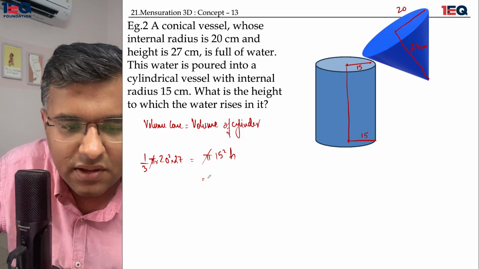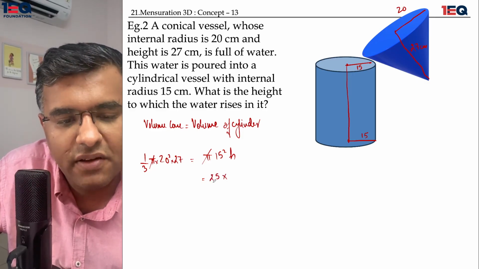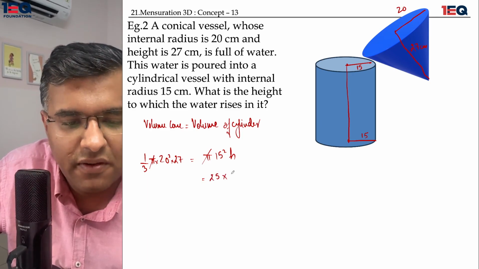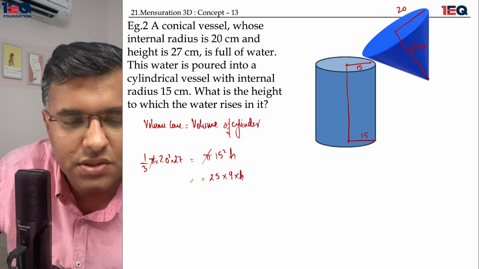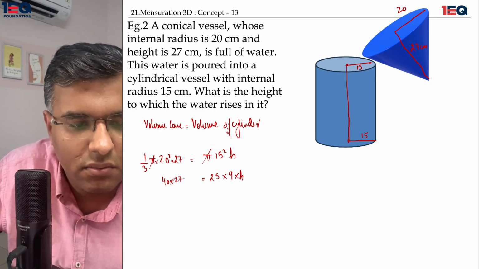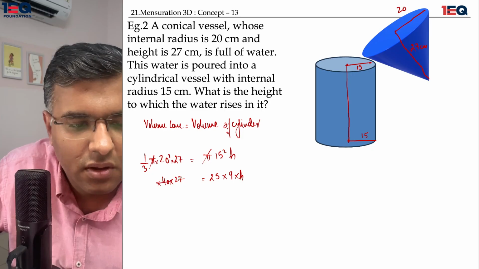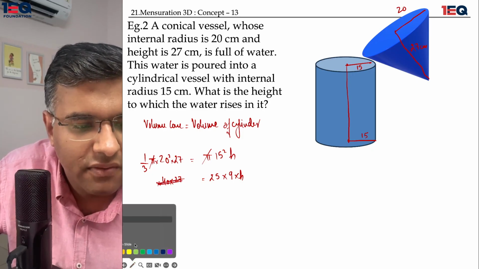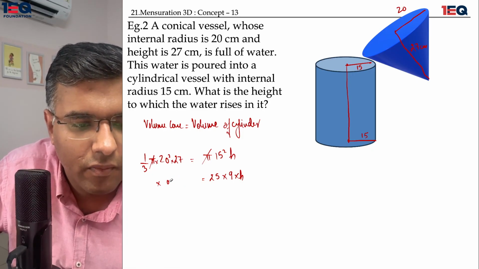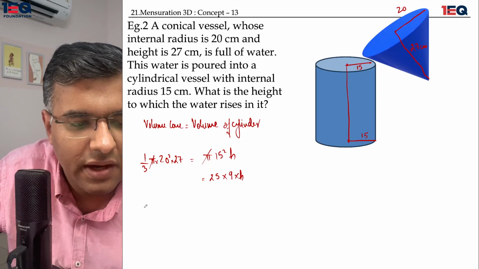So 15 square is made up of 25, 5 and 5, 25, 25 multiplied by 9 into h. This would be equal to 40 into 27. This is not 40, this is actually 400 that we're looking at. Let me write 400 directly.